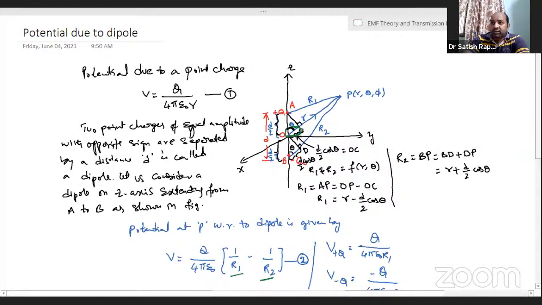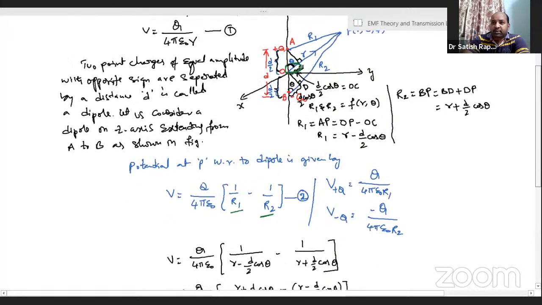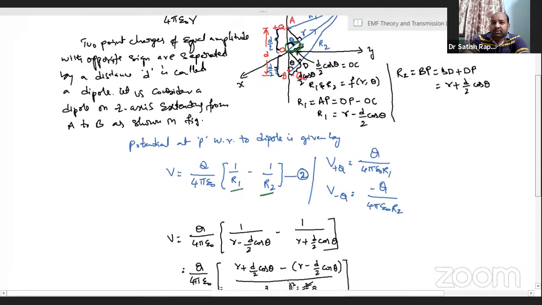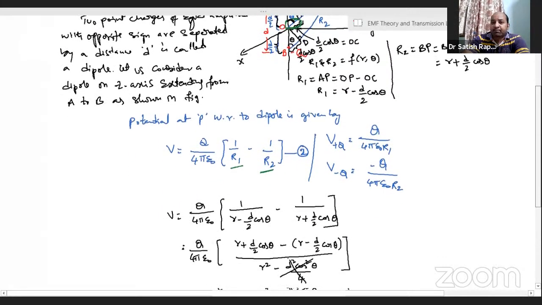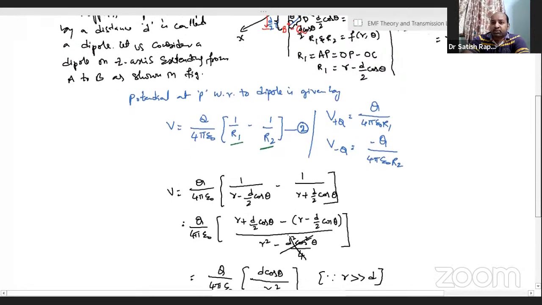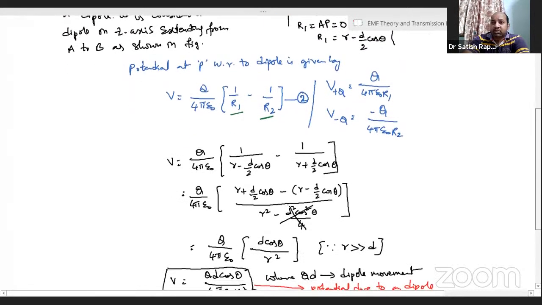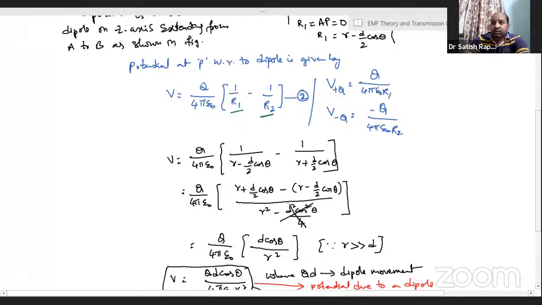As we are considering a dipole, plus q and minus q are separated by distance d, and the potential at point P is the sum of the potential due to plus q and the potential due to minus q, which was given in equation 2. You can see here.